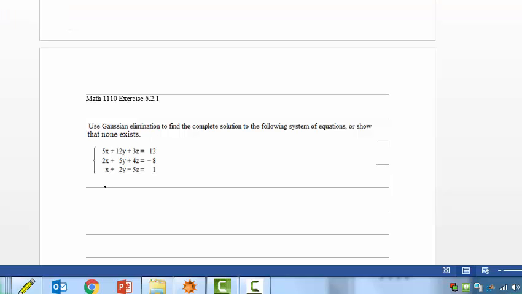And so first let's write our augmented matrix, which the first row gives us the coefficients of x. Second row gives us the coefficients of y. The third row gives us the coefficients of z.